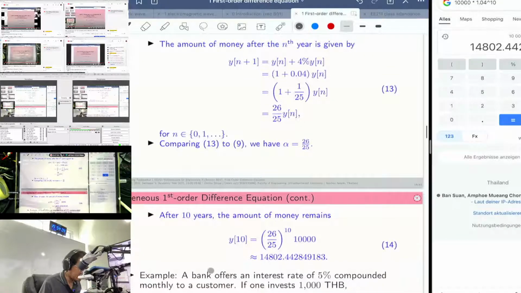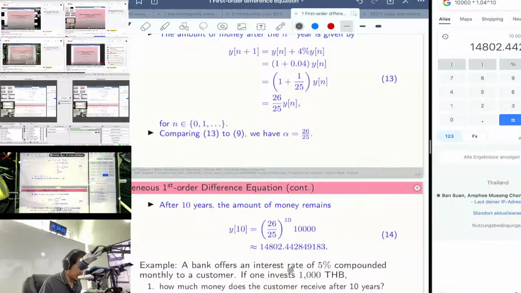Okay, let's talk about the second example. A bank offers an interest rate of 5% compounded monthly to a customer. So this bank will calculate the interest.